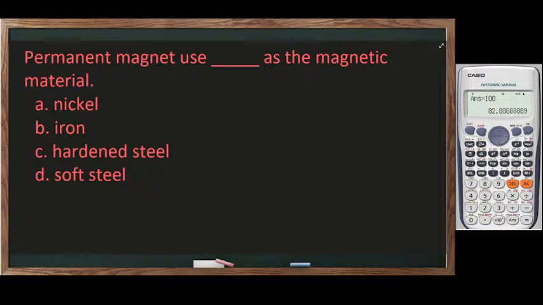Okay, yan. Nandun na sa ating live chat yung ating question. Sa permanent magnet, use blank as the magnetic material. So ano yung kanyang ginagamit as the magnetic material kapag permanent magnet?